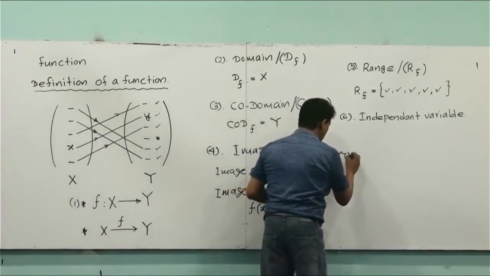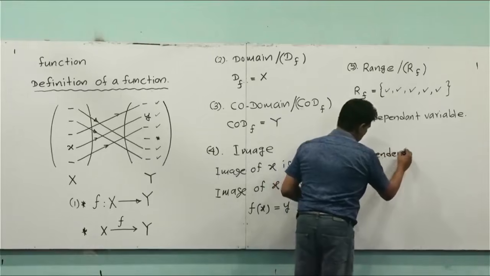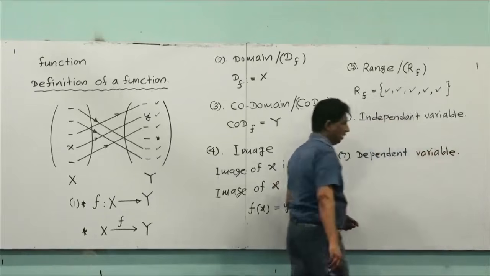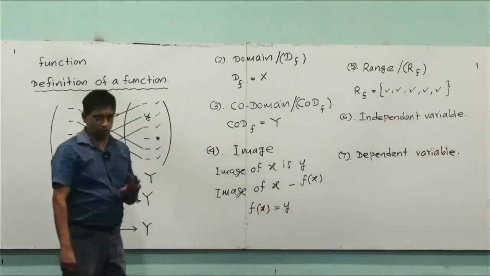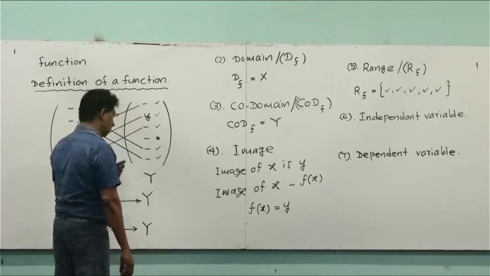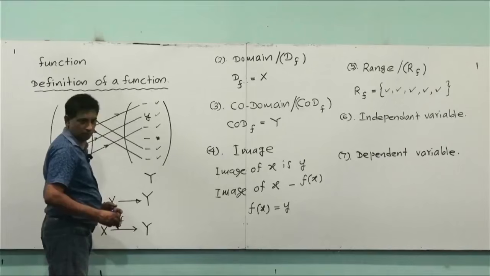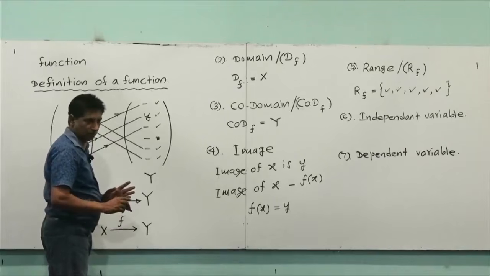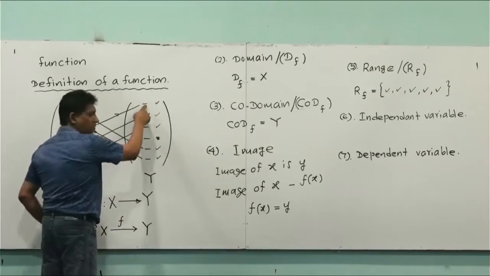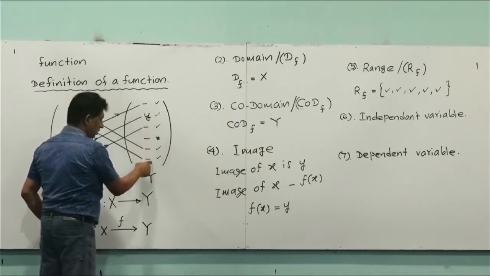Seventh one, dependent variable. A dependent variable means there is a variable that takes as its value only images. That means it takes one time the value of this one, then the value of this one, then this one.